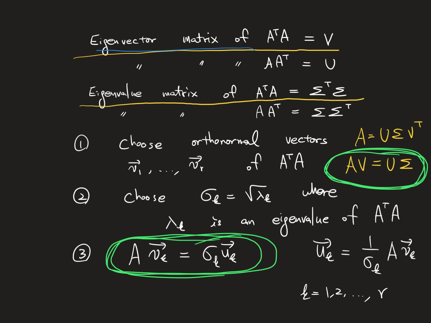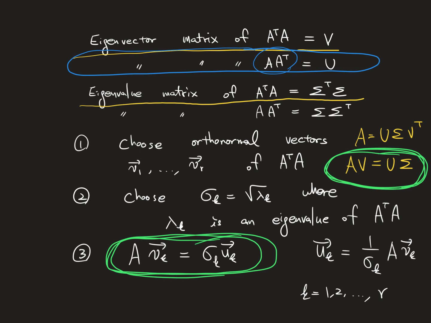The eigenvector matrix of AA transpose is equal to U, but in that case, we need to find AA transpose, and then we're going to do spectral decomposition again, and it takes a lot of time. So when you do singular value decomposition by hand, not using MATLAB or software, I think this is the best procedure.